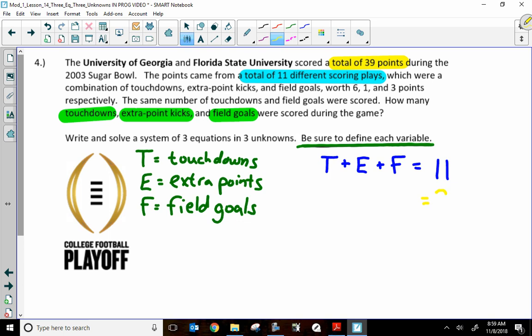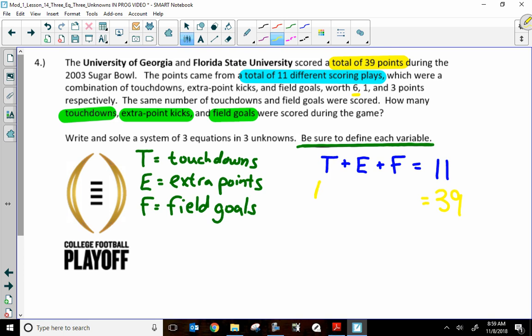So if I add all of my scores with their values together, not how many scores I have, but if you add all of your scores together, with their values, touchdowns were worth 6 points, right? So if I scored 1 touchdown, that's 6 points. If I scored 2 touchdowns, that's 12 points. If I scored 3 touchdowns, how many points would that be? That would be 18. So I multiply my 6 times however many touchdowns I have.